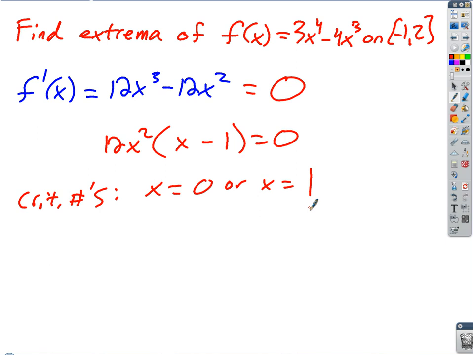Okay, so those are my two critical numbers. Now, what I really should have written there is absolute. I'm looking for the absolute extrema on this interval.